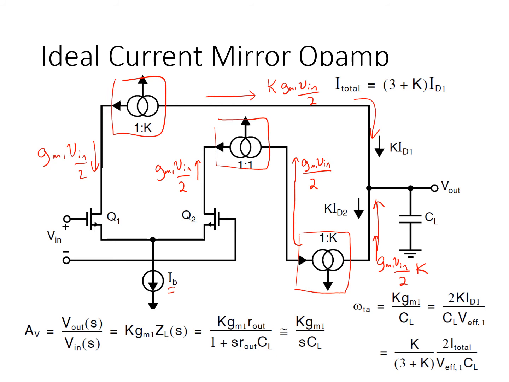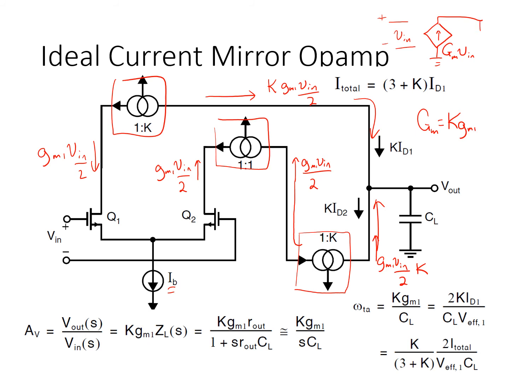So in effect, this single stage amplifier operates by accepting a differential input Vin and exposing it to a transconductance Gm that's equal to K times gm1.